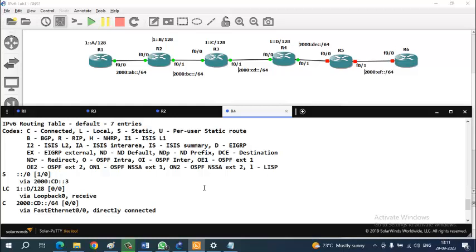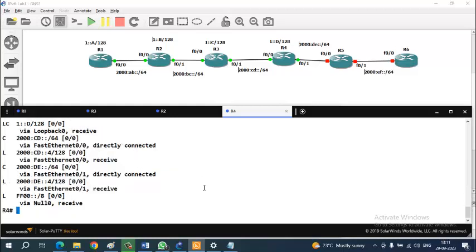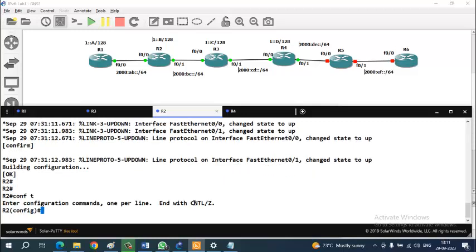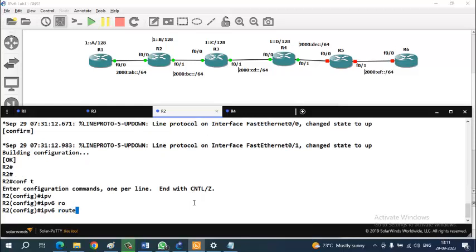What is next? Now let us go to router 2. Router 2 doesn't know about 1::A. So I'm going to say IPv6 route. If you want to go to 1::A/128, you need to go where? 2000:AB::1.